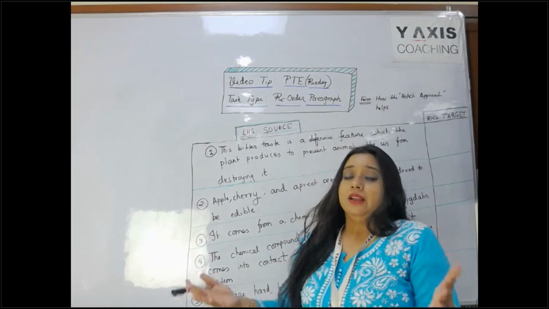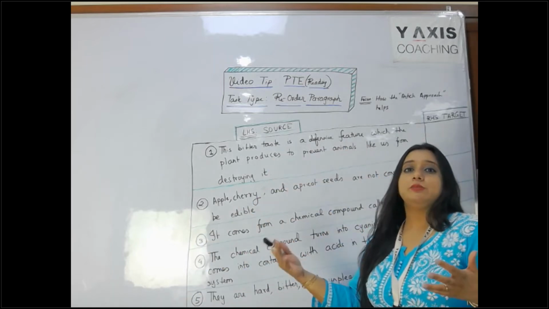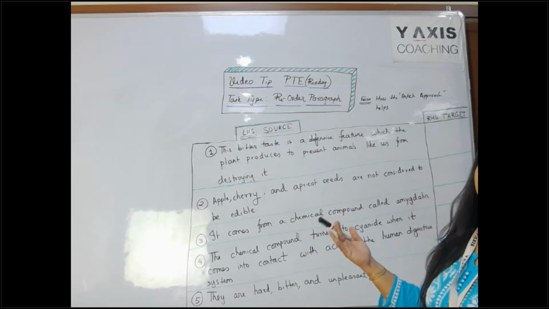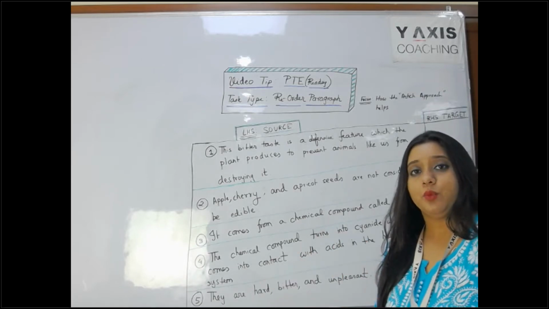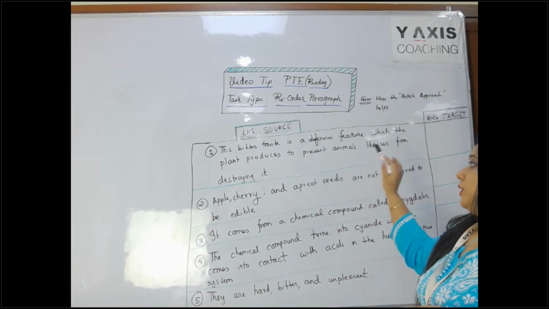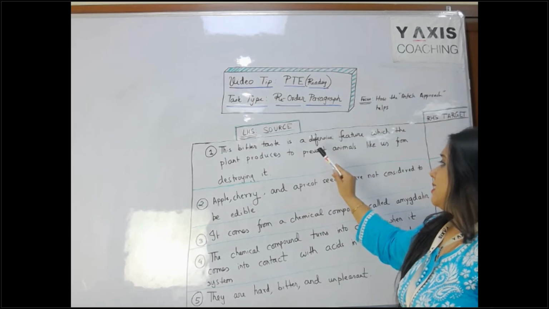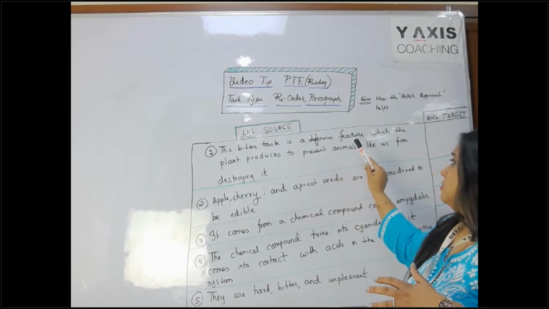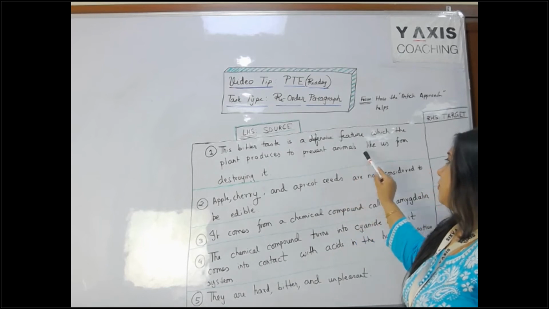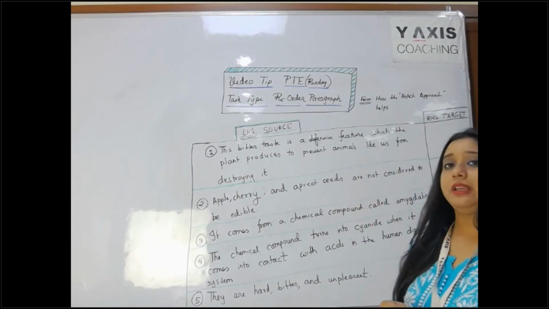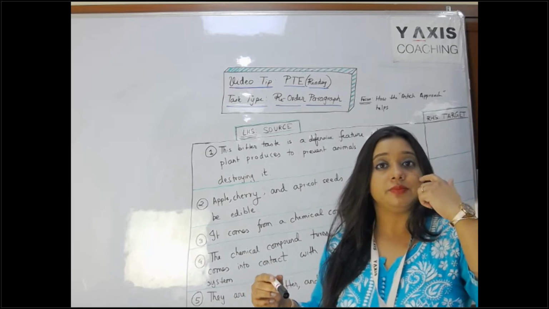Now, I have an example over here to help you understand in a better way, more clearly. So look, over here, sentence number 1. This repeated test is a defensive feature which the plant produces to prevent animals like us from destroying it. This is how exactly sentence number 1 reads.